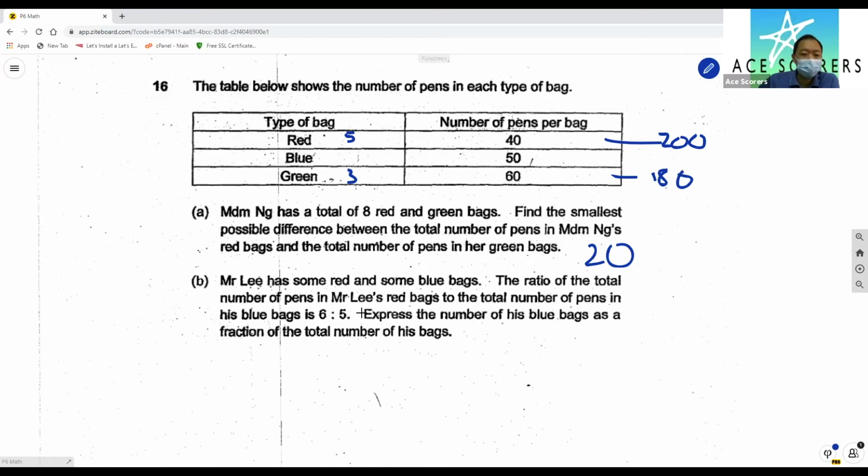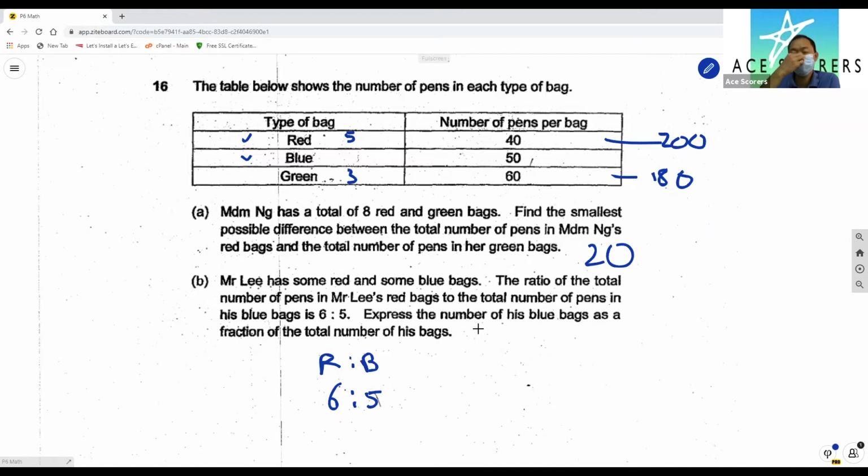Mr. Lee has some red and blue bags. The ratio of total number of pens in the red to total pens in blue is 6:5. So red is to blue, 6:5. Express the number of his blue bag as a fraction or VU.